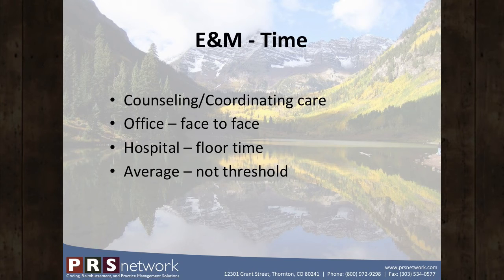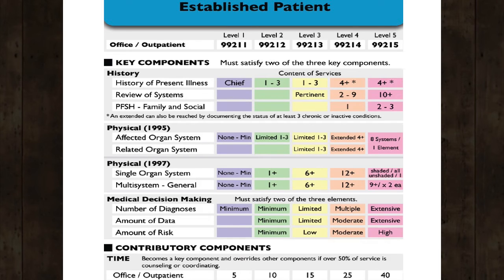It's floor time. And one key misconception on time is that the times mentioned in the CPT book are average times, not threshold times. Let's take a look at an established patient, and you'll see that the average time for level 1 is 5, 2 is 10, 3 is 15, 4 is 25, 5 is 40. So if you spent 21 minutes with a patient, that is a level 4 because it's closer to 25 than it is to 15.